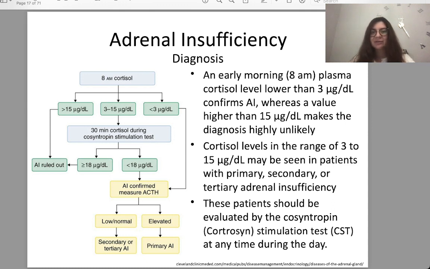Cortisol levels in the range of 3 to 15 may be seen in patients with primary, secondary, or tertiary adrenal insufficiency, but you need more investigations to confirm it. These patients should be evaluated by cosyntropin or cortrosyn stimulation test at any time during the day. Algorithm of confirming presence of adrenal insufficiency you see in table on this slide. Please work with it at home.